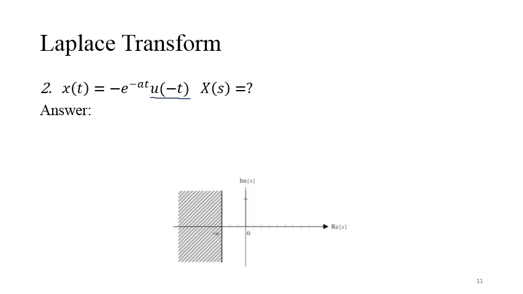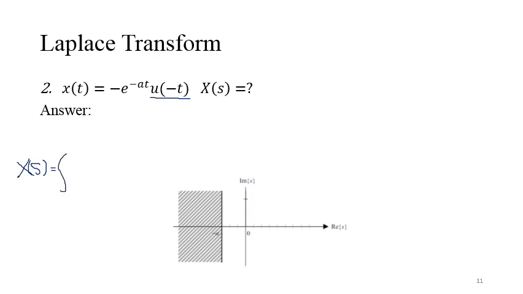So what will be the Laplace transform of it? If you calculate it, it will be exactly like the previous example. Let me write it here. X of s is equal to the integration.